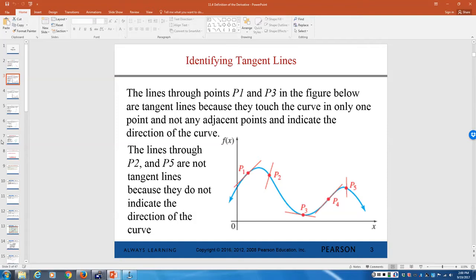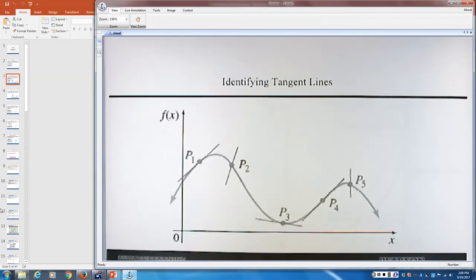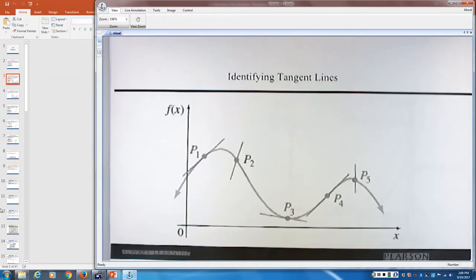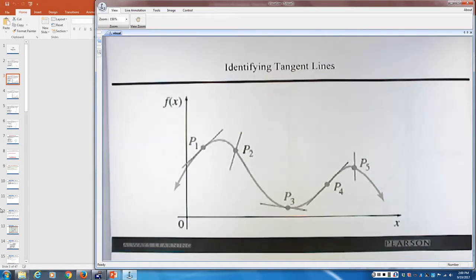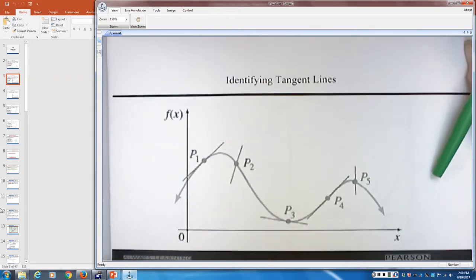So what we're going to do is look at some tangent lines. Now, some of these lines are tangent lines and some are not. So we need to figure out which ones are tangent lines and which ones are not. So remember, the definition is that it touches in exactly one point.